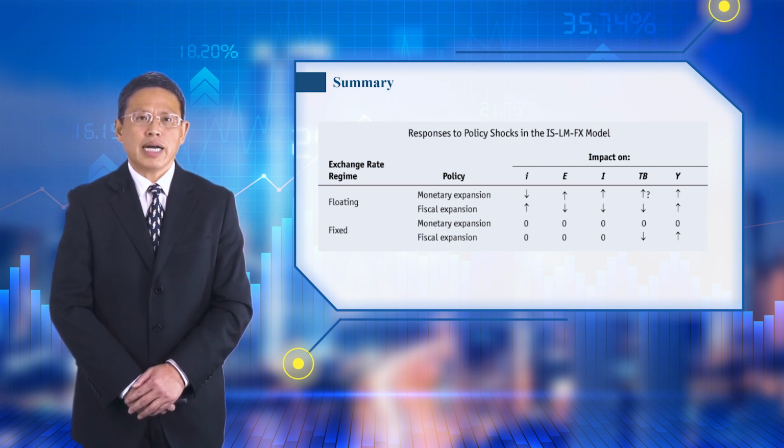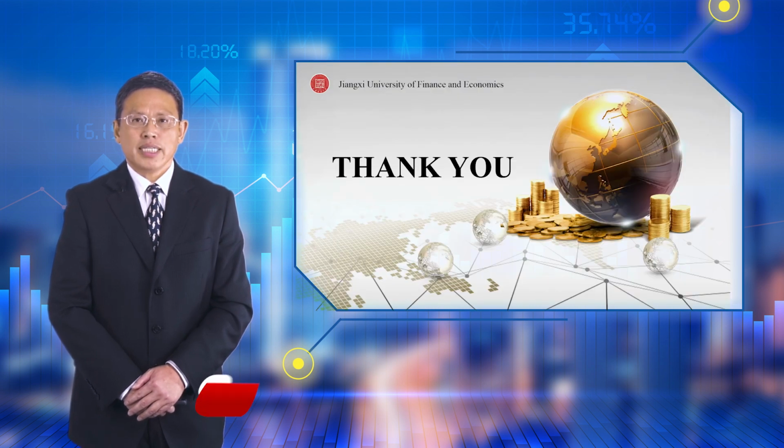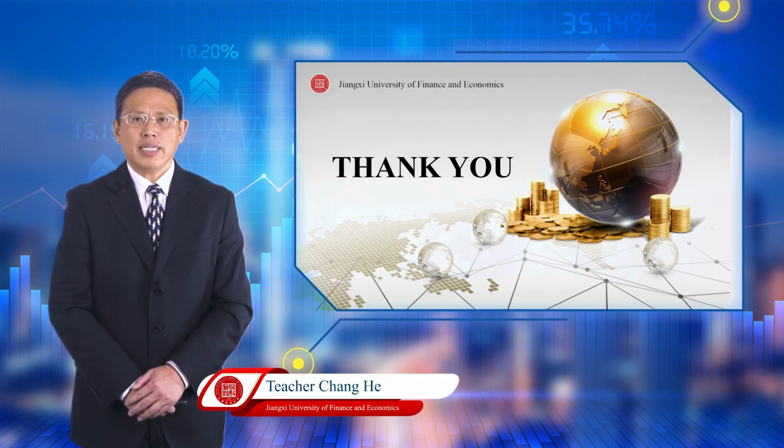Fiscal policy becomes ultra powerful in a fixed exchange rate setting. The reason for this is that if interest rates and exchange rates are held steady by the central bank, investment and the trade balance are never crowded out by fiscal policy. Monetary policy follows fiscal policy, and amplifies it.